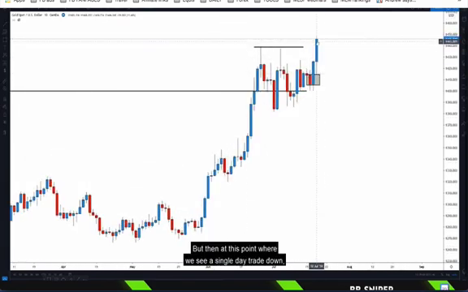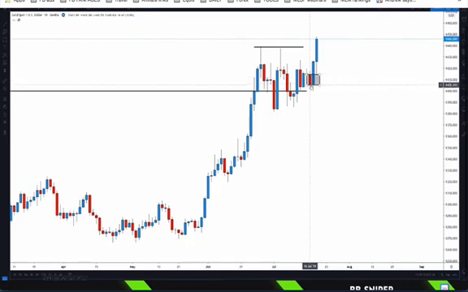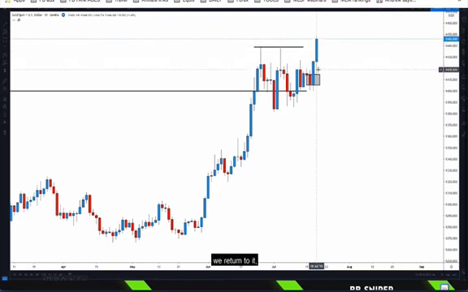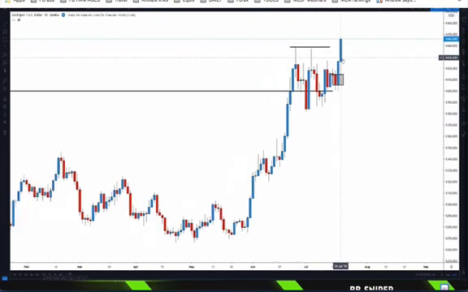But then at this point where we see a single day trade down, retest the body of this last bearish candlestick that exists prior to the bullish evidence coming into the market, we return to it, expand beyond an old high.